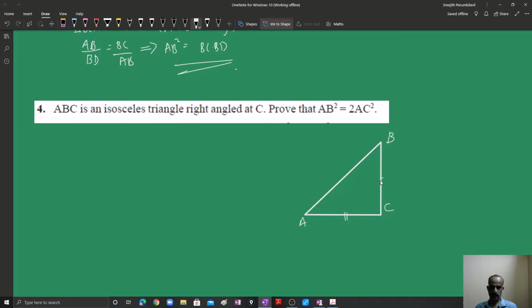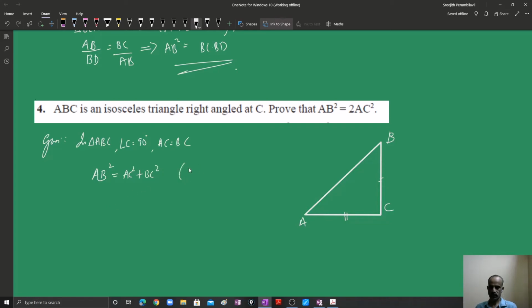So these two are equal. So what is given? Given part: in triangle ABC, angle C is equal to 90 degrees and AC is equal to BC. We have to prove AB square is equal to 2 AC square. Using Pythagoras theorem, AB square is equal to AC square plus BC square.